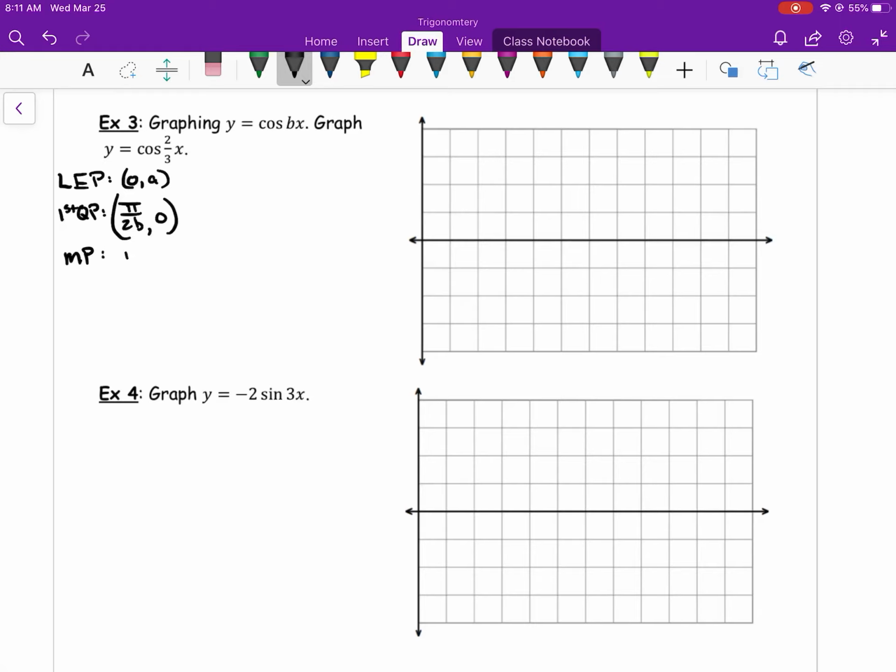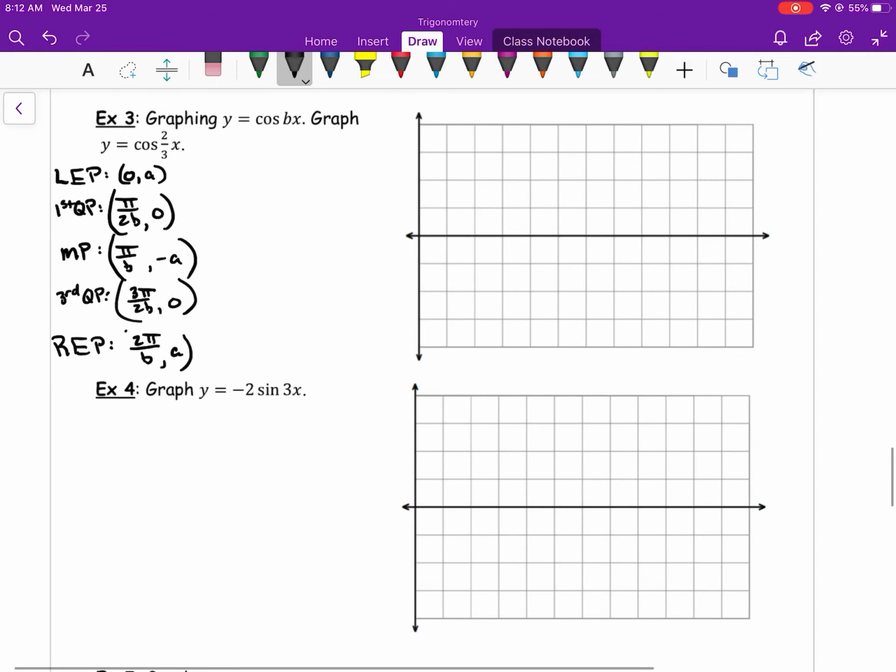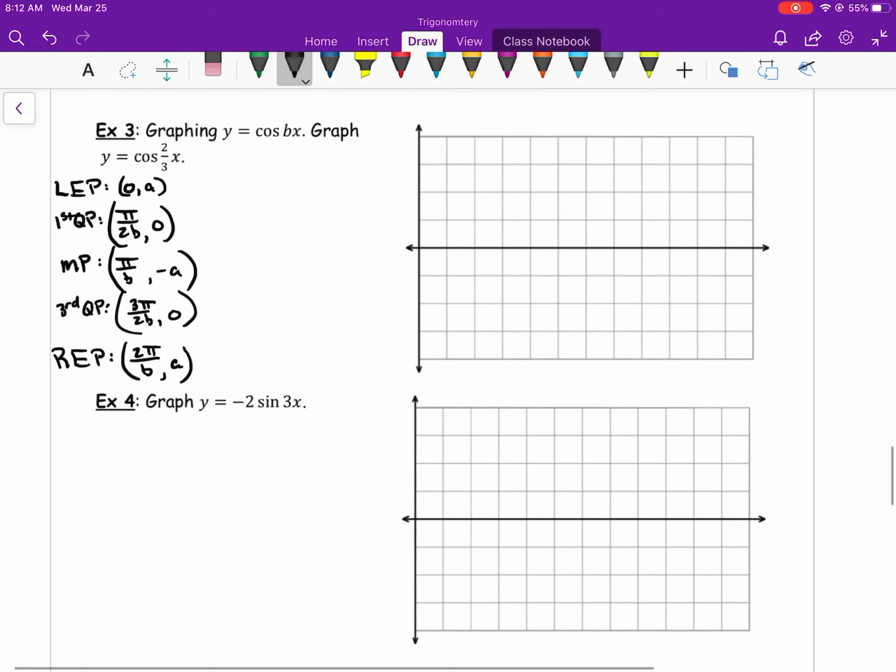My midpoint is pi over b, negative a. My third quarter point is 3 pi over 2b, comma 0. And then my right endpoint is 2 pi over b, comma a.